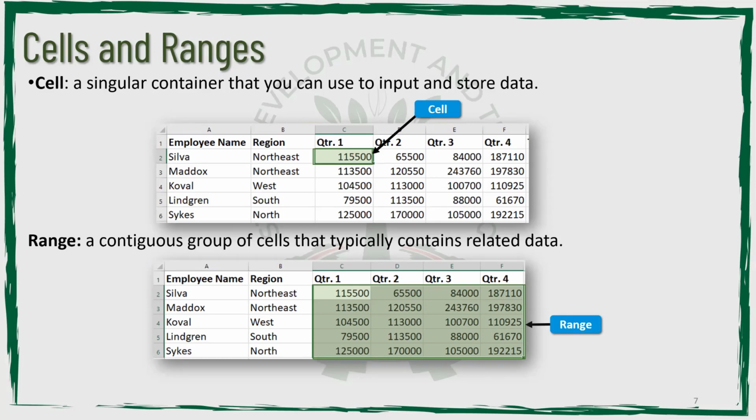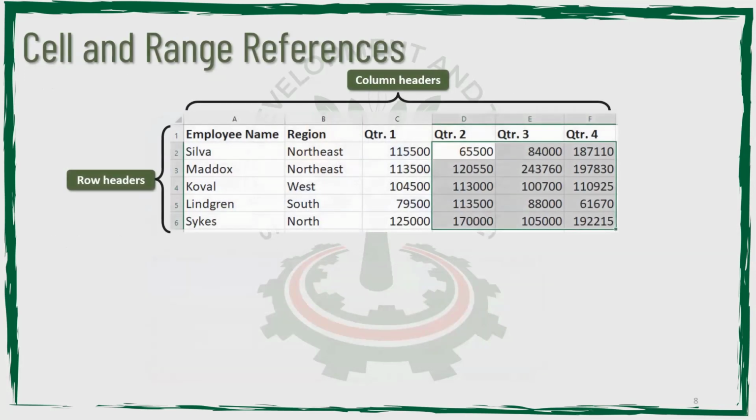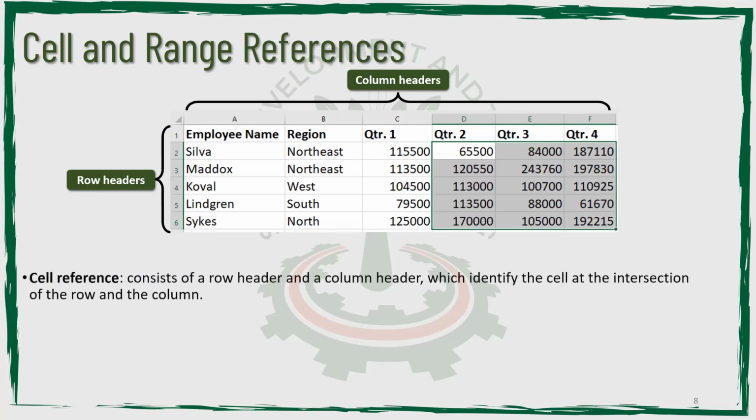So understanding these basic terminologies with Microsoft Excel, we will then venture again what cell reference and range reference refer to, because these are kind of like the foundation, in my opinion, as to understanding how to navigate and locate a cell or selections of a range of cells. So a cell reference consists of a row header and a column header, which identifies the cells at the intersections of the row and column.